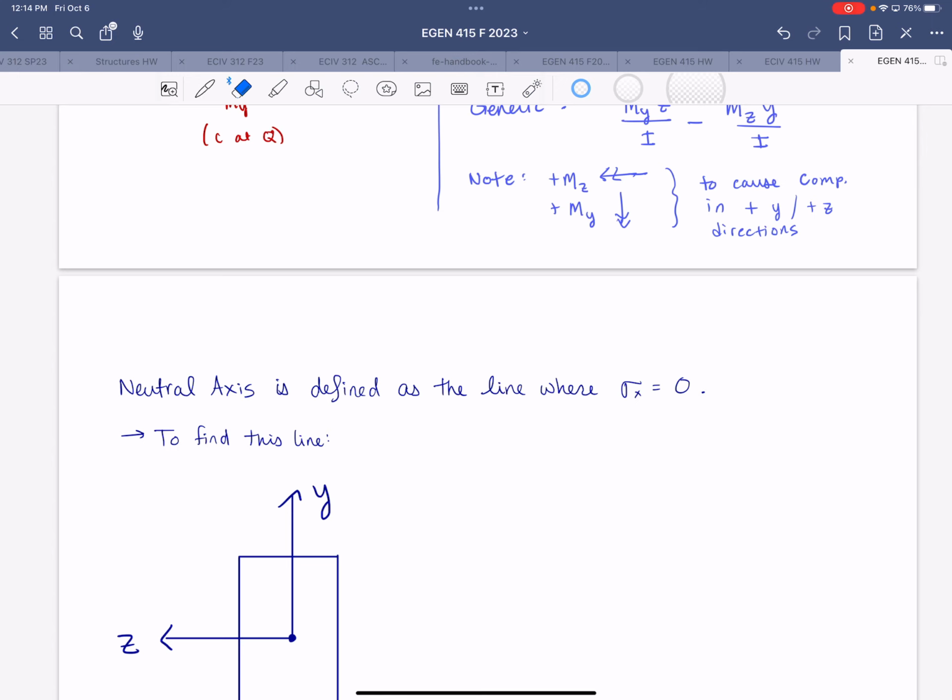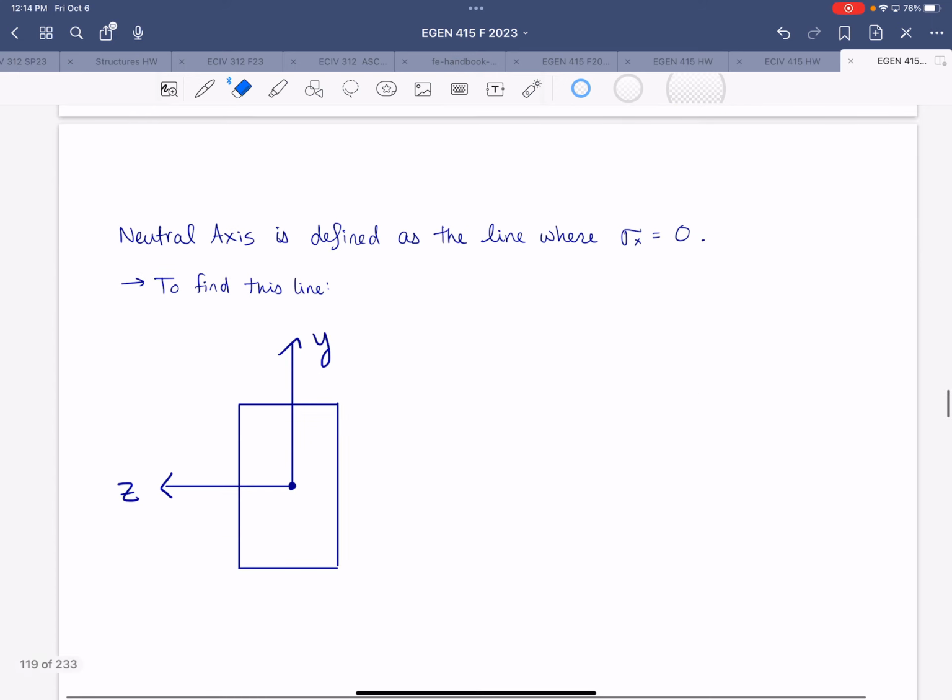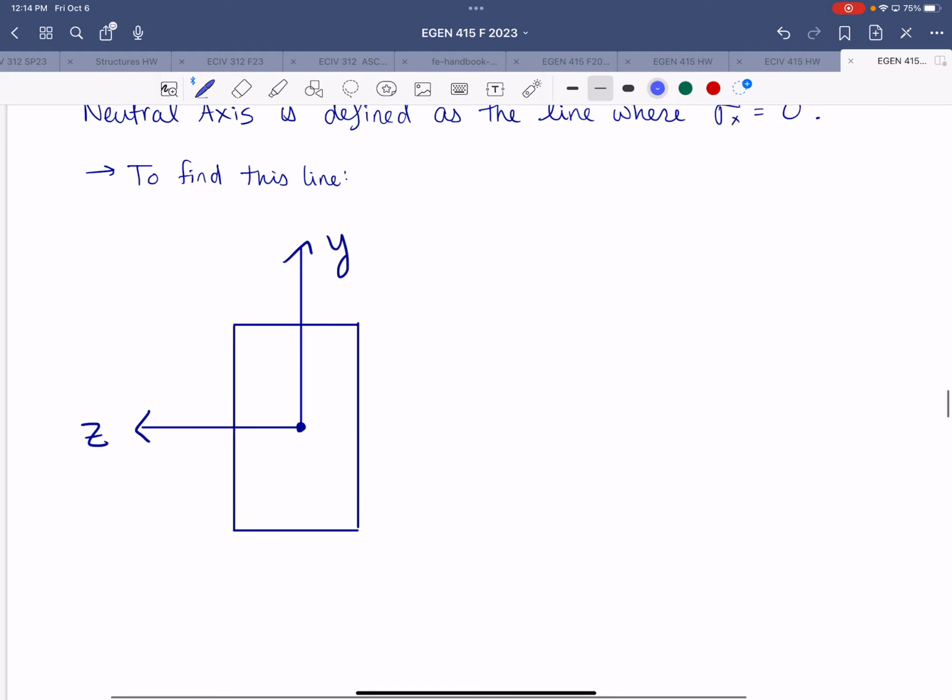So using that information, we can derive a formula to apply to any general problem. If we have a cross section, we know one point on that line already: the neutral axis will always pass through the centroid of the section. So the first point that we know is 0, 0. And we want to find the slope of the line.